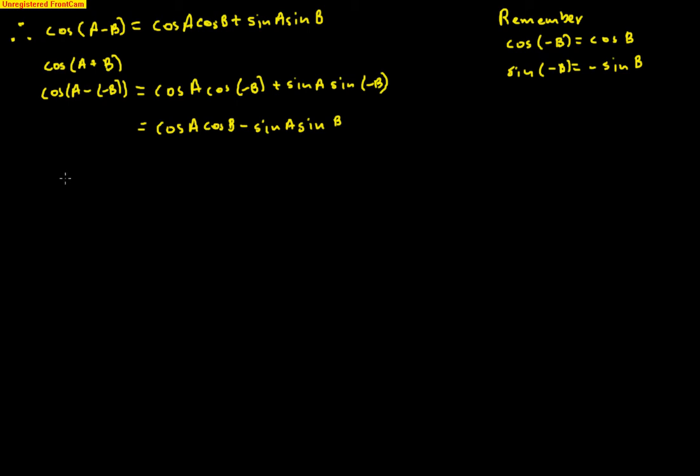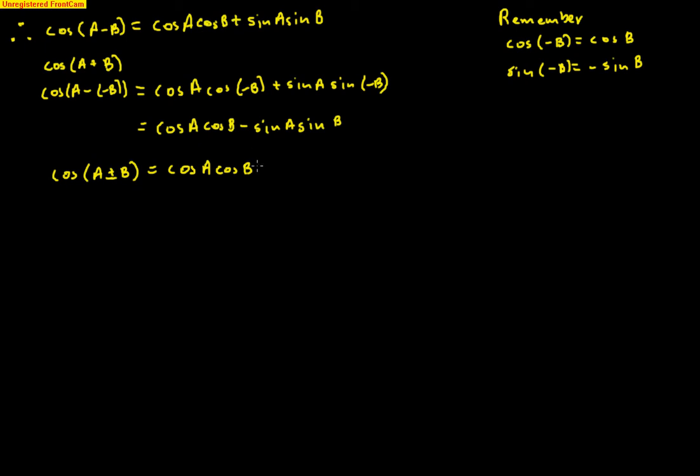So we have our first sum and difference identity for cos, which is that cos of A plus or minus B is going to be cos of A, cos of B. And now, notice how our sign actually changes when we do this.